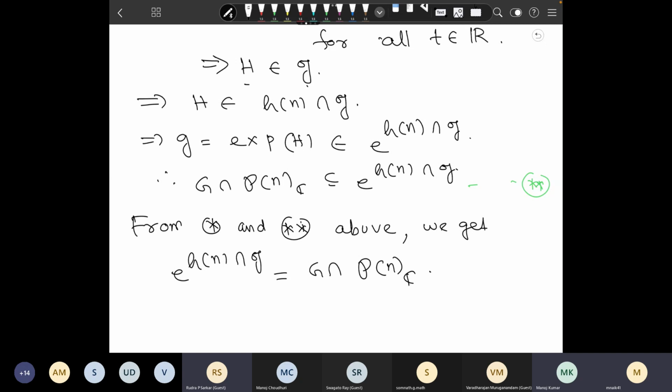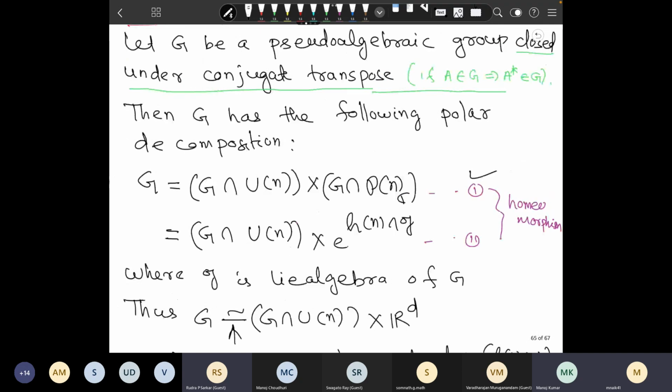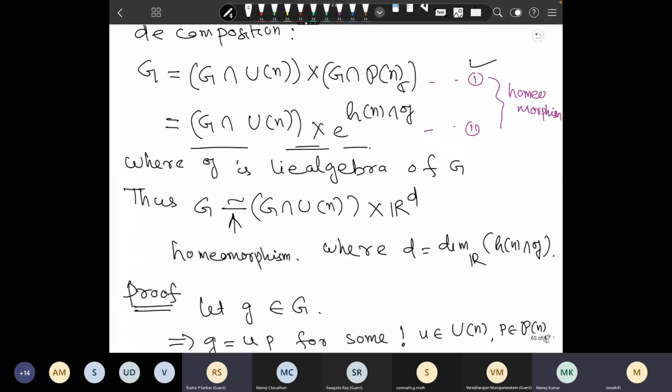So for that reason, this second thing is also a homeomorphism. And if I prove this second thing, then I have shown you the argument.